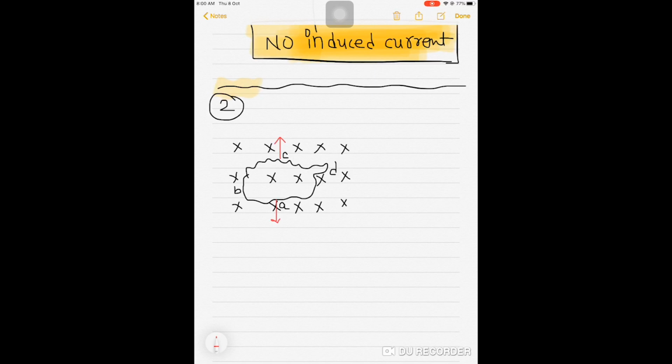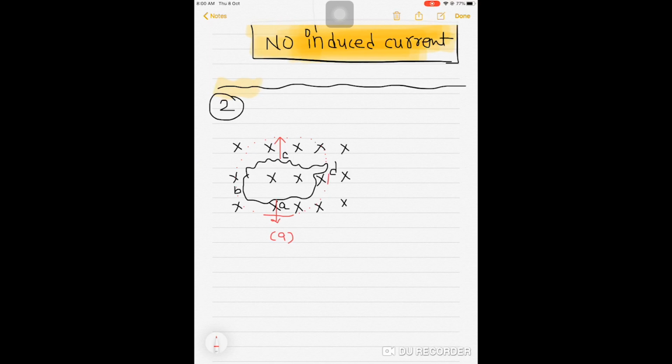Now question 1, this is your figure A. What does this indicate? It shows a wire of irregular shape turning into a circular shape. So this portion, when opened up, is converted into a circular shape. That is our question. So now how will the current be induced?